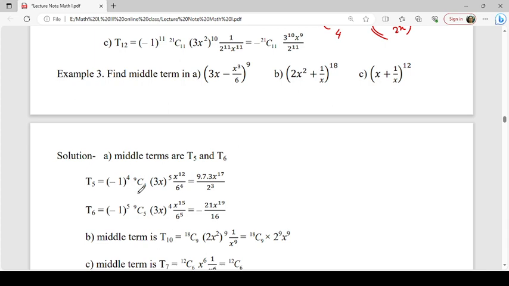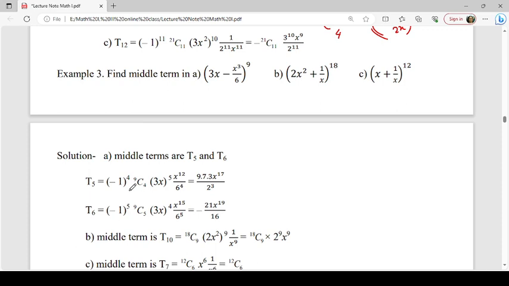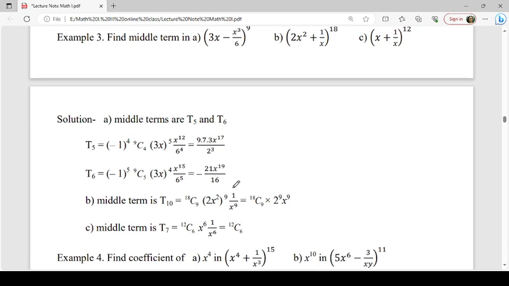So t5 is again found like this. t5 is minus 1 to the power 4, then 9C4, 3x whole to the power 5, 9 minus 4 is 5, then x cube by 6 whole to the power 4. So x cube to the power 4 is x to the power 12, and 6 to the power 4. And after simplification we can write like this.